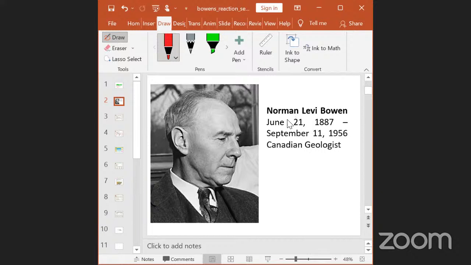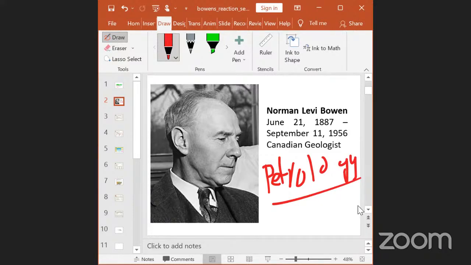He was a Canadian geologist, also known as the father of petrology, that is the study of rocks.